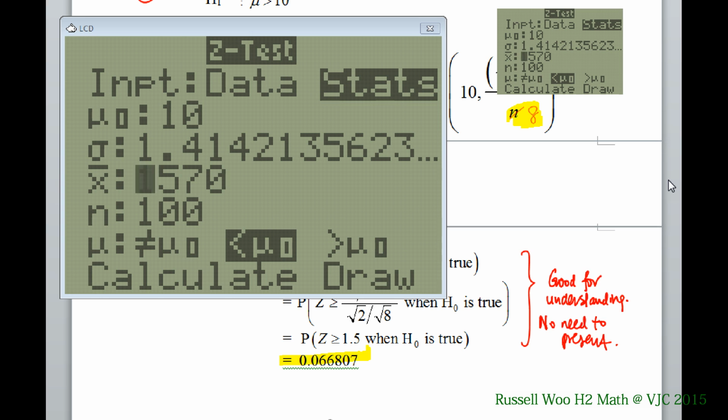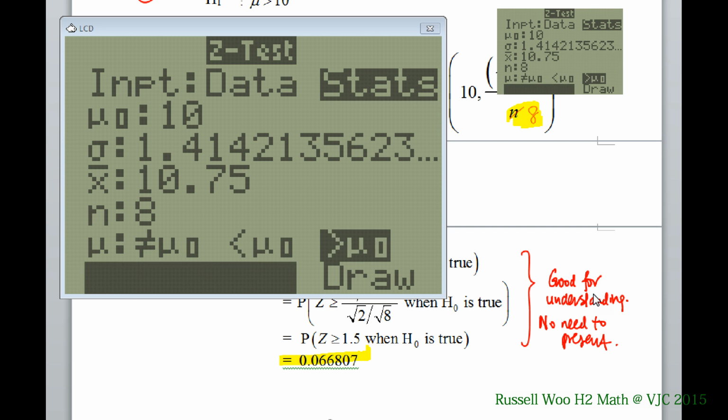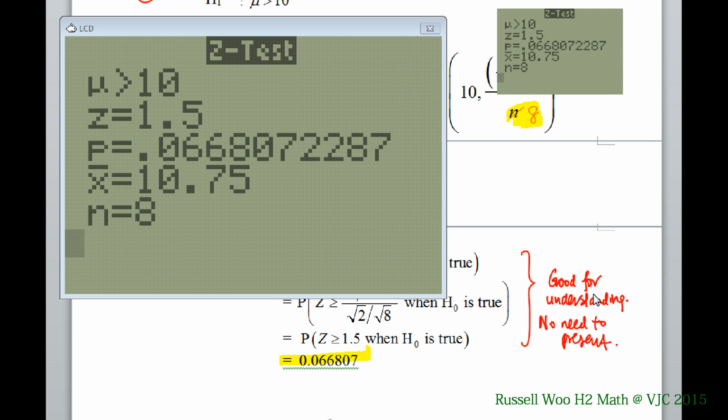Correct. Your x bar, can I have attention, please? 86 divide by 8. Correct? And how many students do you have? You have 8. And you want to do a one-tail test. There you get your p-value. Follow? All follow?